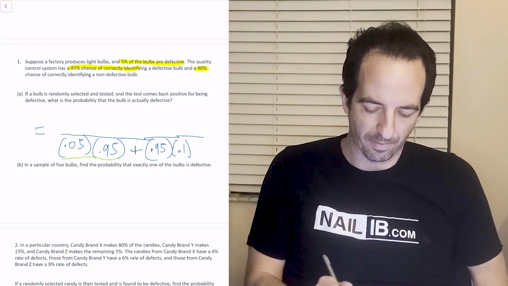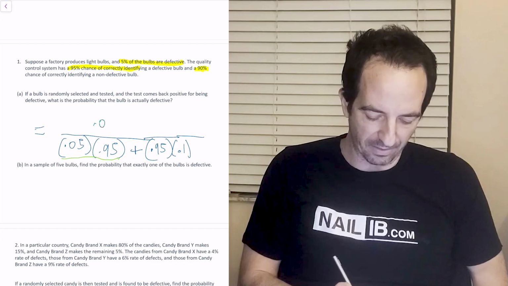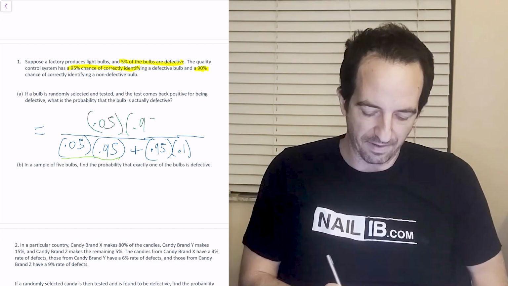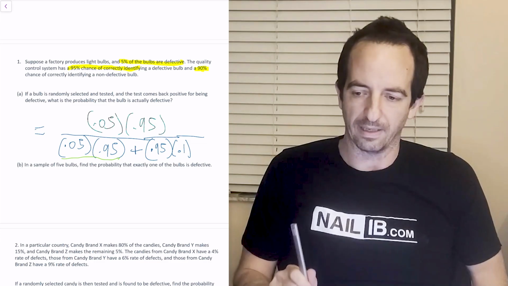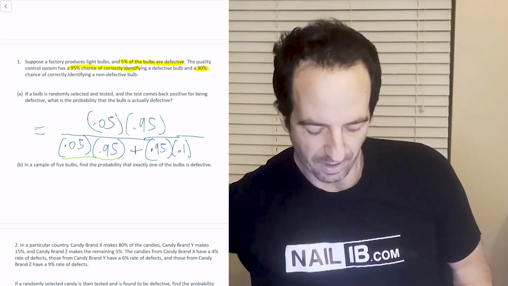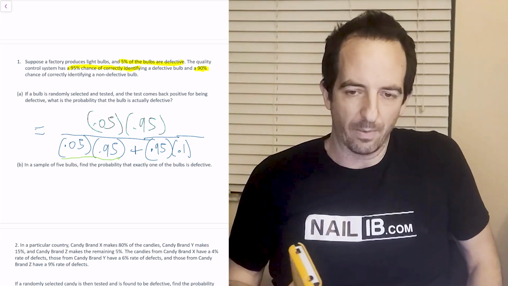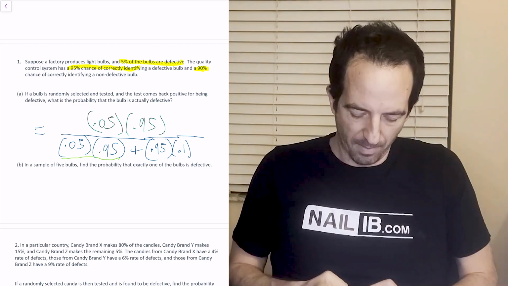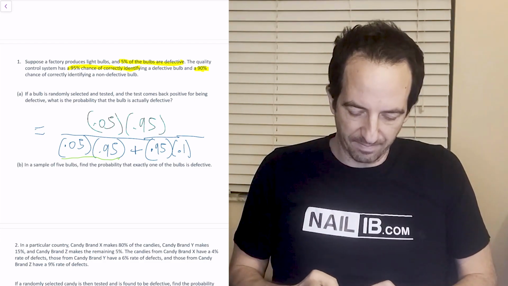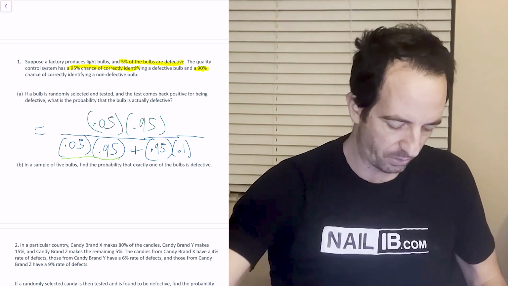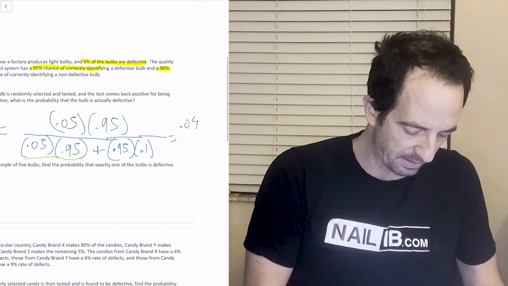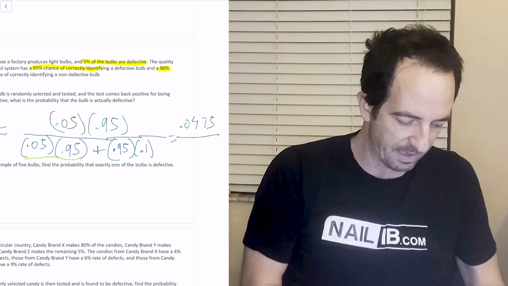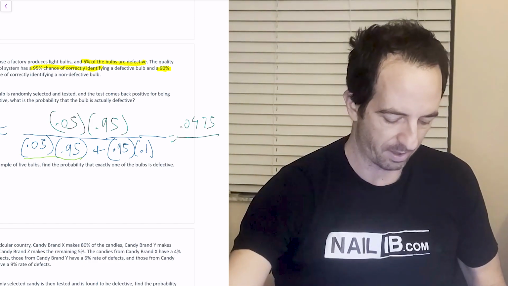That's that probability right there, 0.05 times 0.95. It refers specifically to the bulbs that were correctly identified as defective. So we can plug this probability into our calculator. 0.05 times 0.95 comes out to 0.0475, divided by that number.